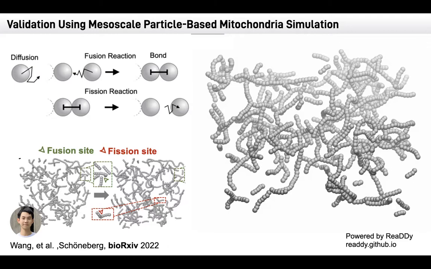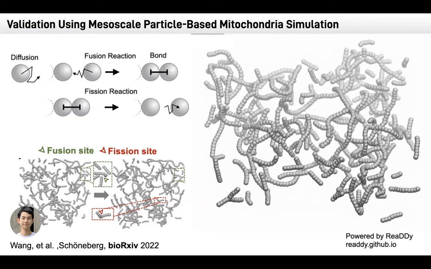Typically we discretize the mitochondrial skeleton on a pixel basis, so 200 nanometer discretization. You can think of these as 200 nanometer diameter balls discretizing the mitochondrial network. Then you do what you do in READY: you plug in diffusion as your main mode of motion, you have fusion reactions and fission reactions for mitochondrial fusion and fission, and then you run your simulation.